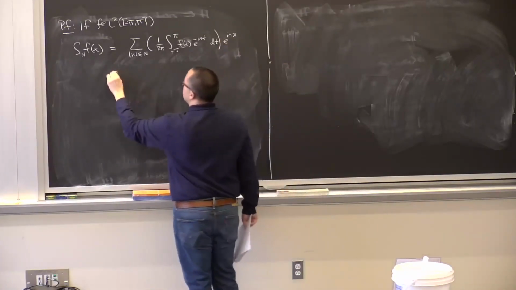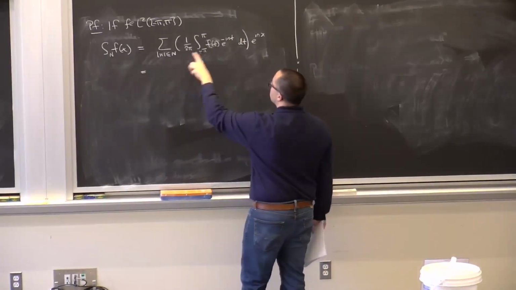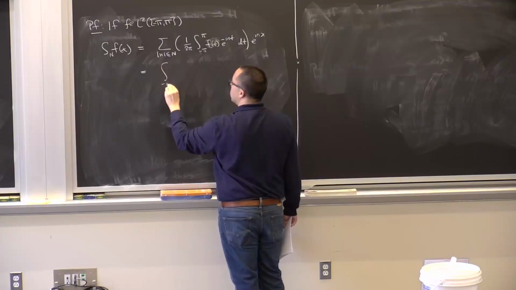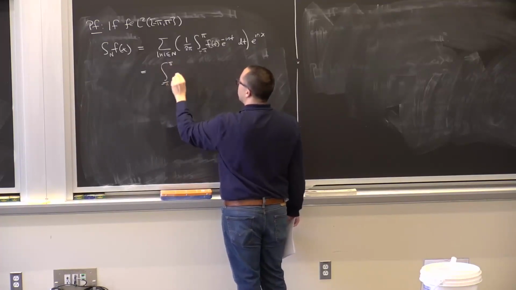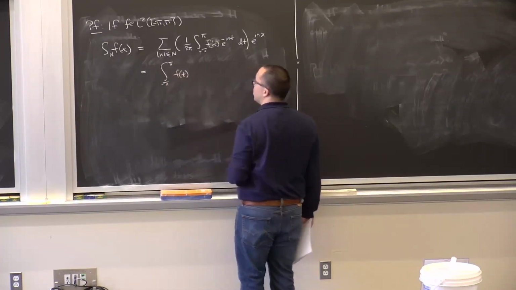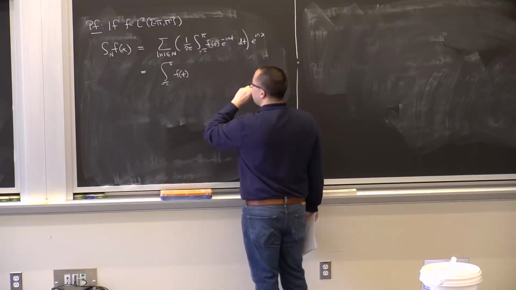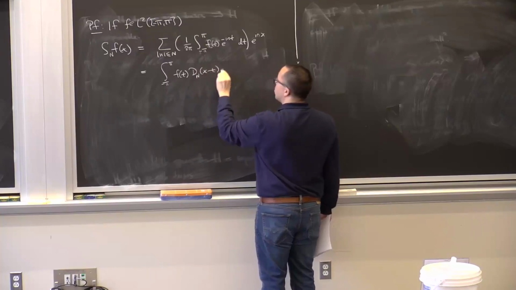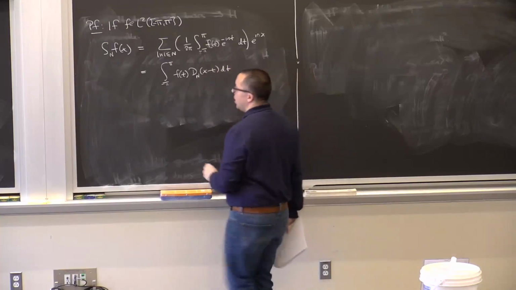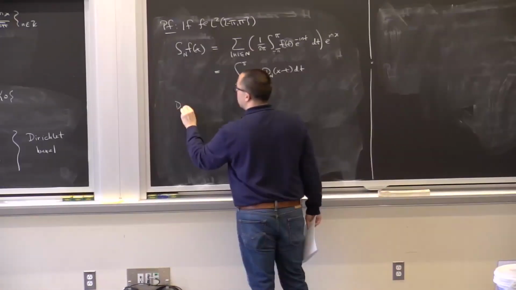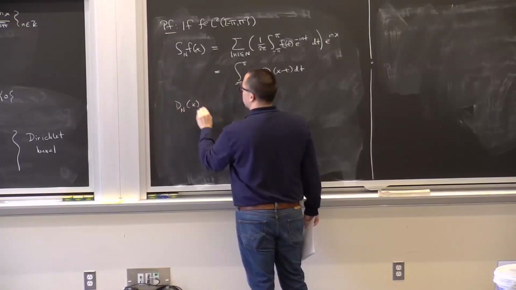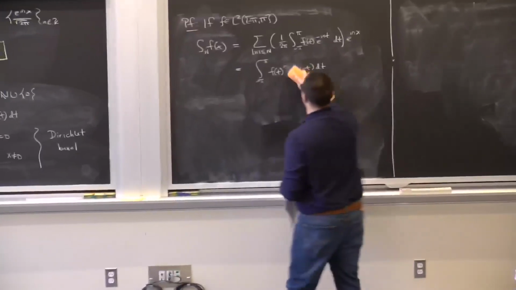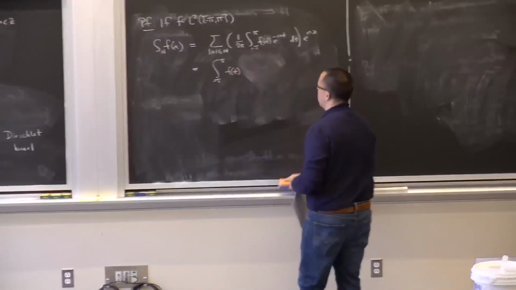And this is just a finite sum, so I can bring this inside the integral and combine everything, and I get that this is equal to the integral from minus pi to pi of f of t times D_N of x minus t, where D_N of... so in fact, let me not jump ahead. I'll go ahead and write this out.